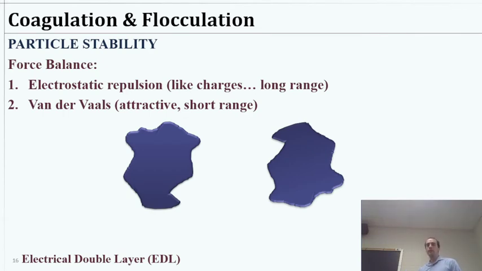Okay, so how do we manipulate particles that would otherwise be just free floating? When I say free floating, the technical name for that term is particle stability. So when we say particles are stable, that means they're happily free floating and not sticking to one another spontaneously.